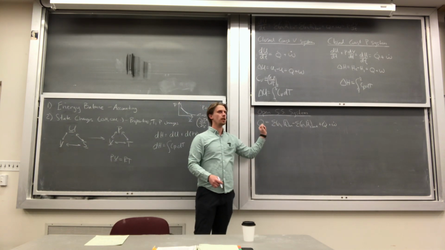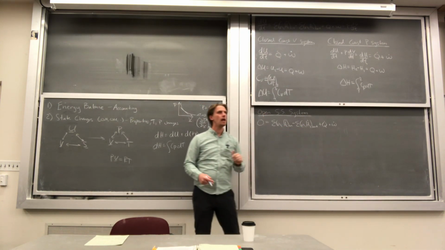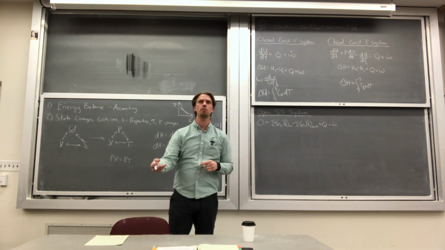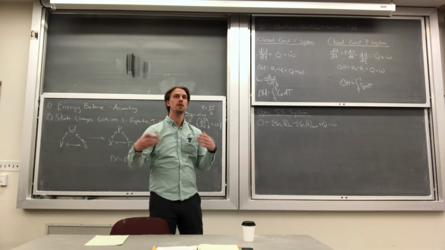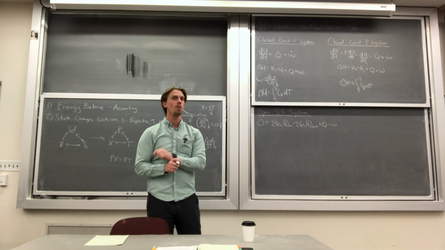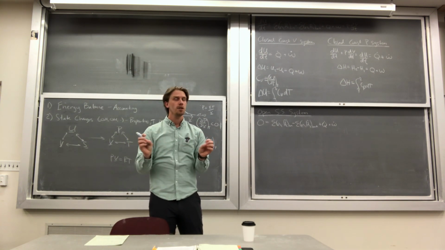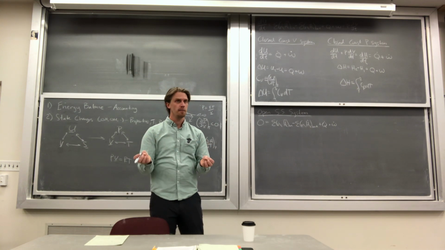So if I choose a particular reference state, the state changes tell me what numbers I should put into here and how they relate to temperature and pressure and how those relate to the material properties that we're looking at. So when I mix sulfuric acid and water, that's changing the state. Changing the composition is changing the state of the system, right?